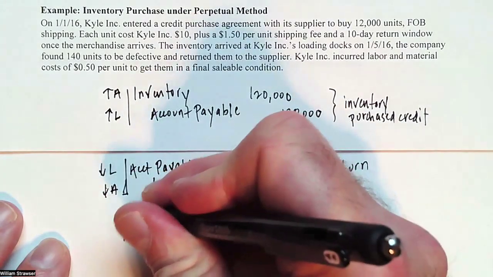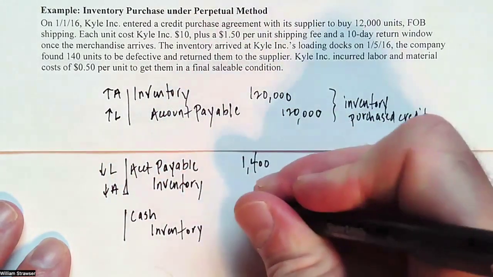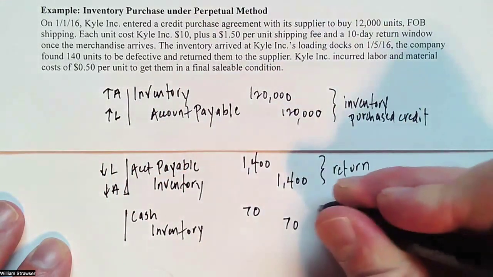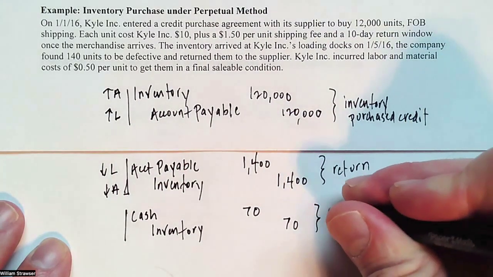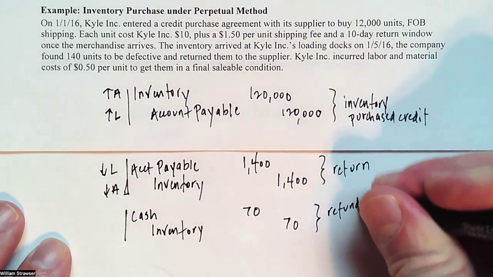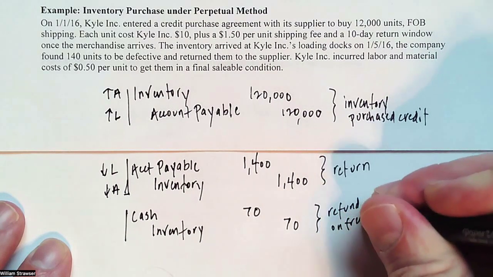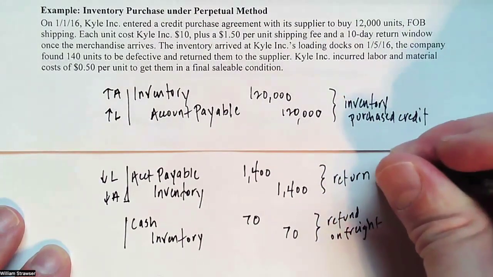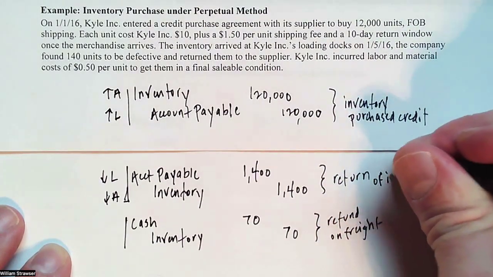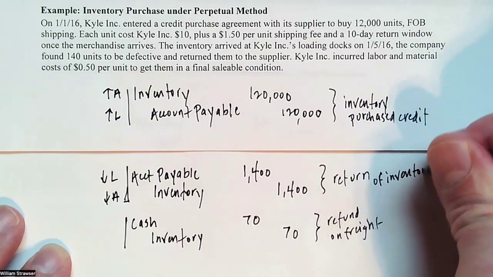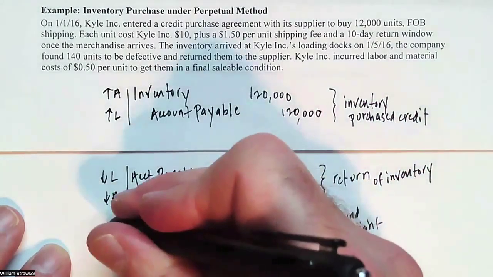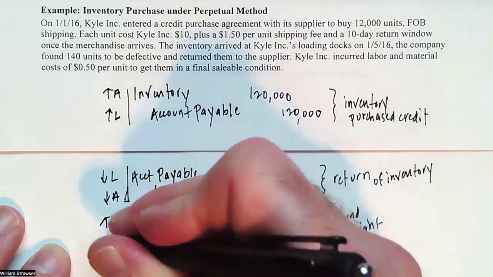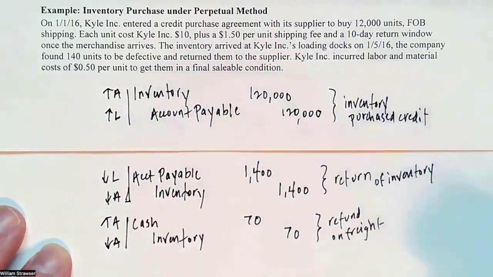And because I paid for that freight in cash, I do get $70 back. This is the refund on freight, and that's the return of inventory. Of course, a debit to cash increases assets, and a credit to inventory reduces my assets.